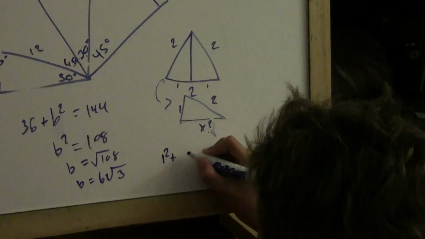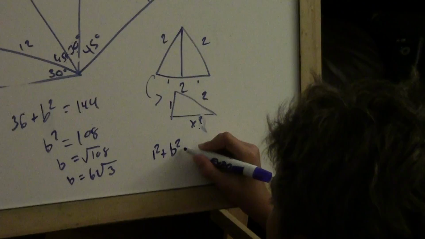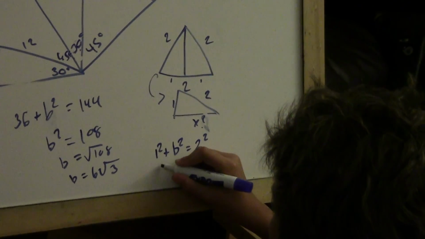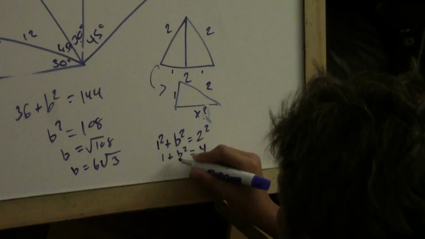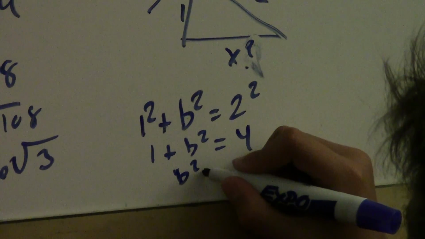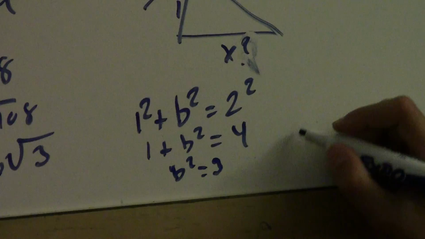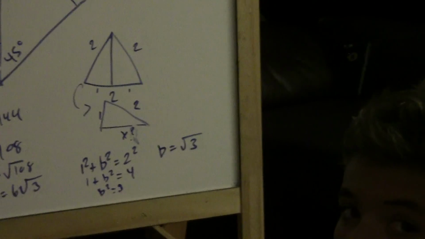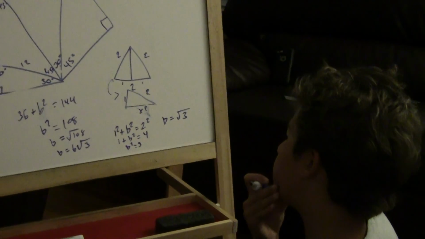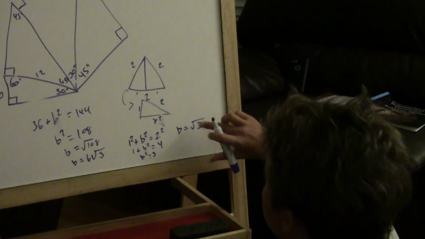So 1 squared plus b squared is equal to 2 squared. When we do it, it's 1 plus b squared is equal to 4. Then we subtract, and b squared is equal to 3. And then we finally get b is equal to the square root of 3. When we find stuff like that, that's pretty much the equation.